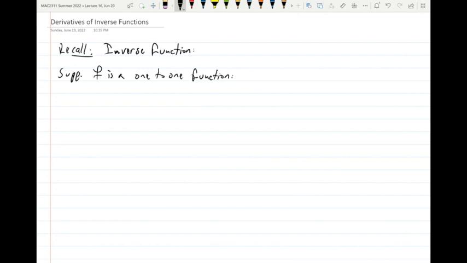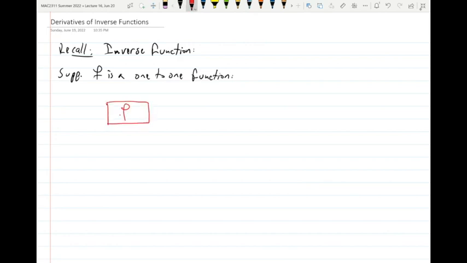Okay? For example, x squared is not one-to-one because you can plug in 1 or -1, different inputs, but what output do you get as a result? You get the same thing, you get 1, right? So x squared is not a one-to-one function. Okay? X cubed is one-to-one. All right, so suppose f is a one-to-one function, then we can think of this picture.